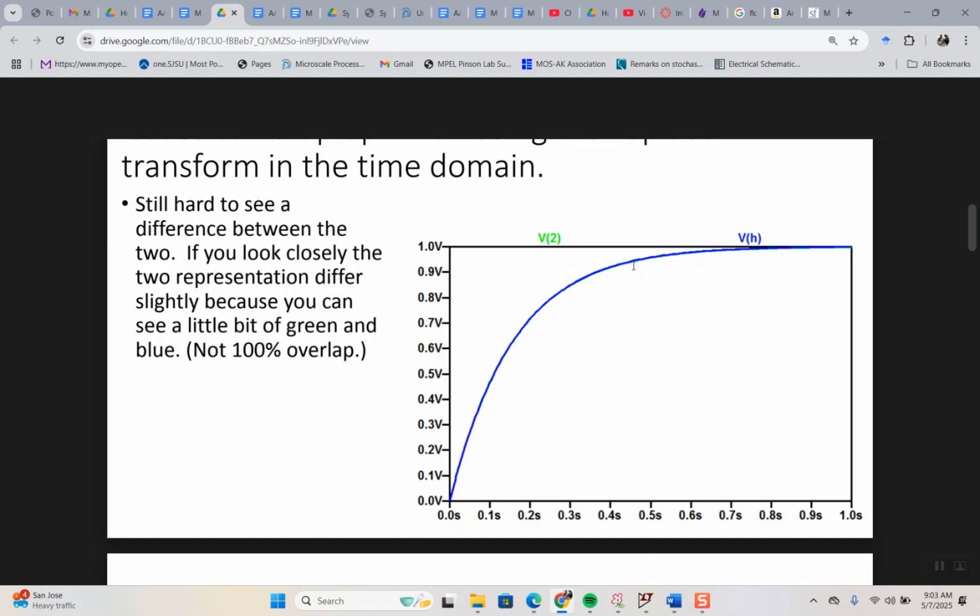If you zoom in, you might see where it doesn't overlap perfectly. But what's great is that you can set up the Bode plot and the Laplace and then easily see what you're going to get in the time domain. It's actually faster that way. You design the filter in the frequency domain.